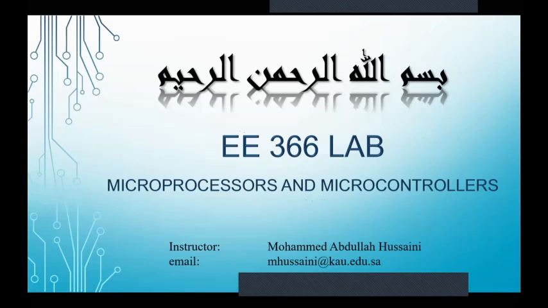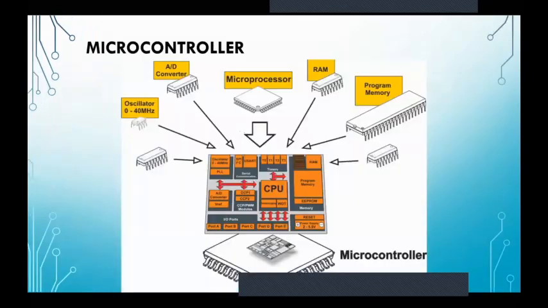Welcome to EE366 lab. In this lab, we will study how to program a microcontroller, how to program a PIC microcontroller. As you may have already seen in the class, a microcontroller has a central processing unit.